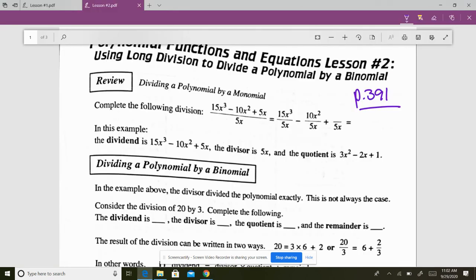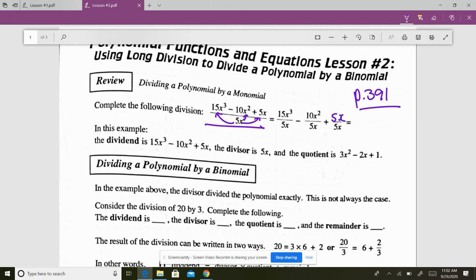So, sometime in your mathematical careers, you would have done something like this, I hope, where you have a single denominator with a big polynomial up top. If you have a single denominator, it goes to each term up top. So you can rewrite it as 15x cubed over 5x minus 10x squared over 5x plus 5x over 5x.